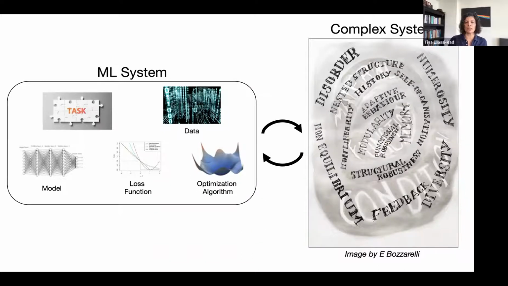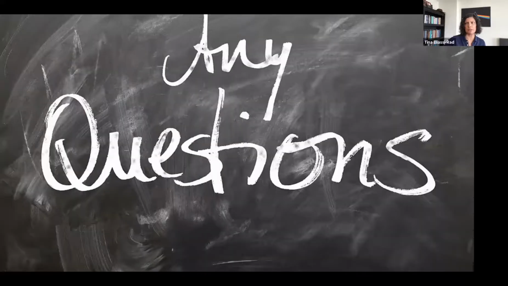If your incentive in working in quote unquote responsible AI is to actually make the world better, then you have to get away from, I just want a paper in this conference, and actually think about it in terms of, oh, this machine learning system interacts with or is part of this bigger soup of complex system that we call our society. And I need to know where it's being used, what the feedback mechanisms are, how much history I have, how much disorder there is, et cetera. And so on that note, I'm happy to take any questions.